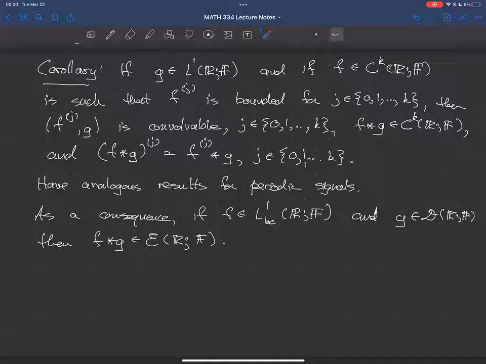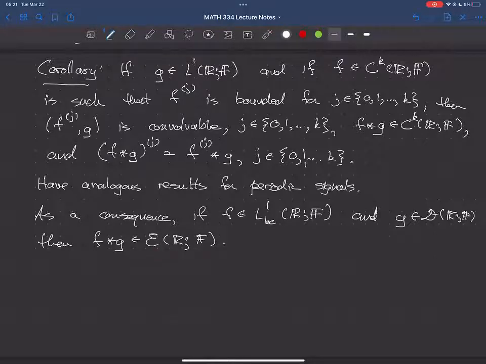I can take a very irregular signal f and convolve it with a very regular signal g, and what comes out is something very regular. What I don't get, however, is the support conditions on g being transferred to the convolution, so it's not the case that this is in D.